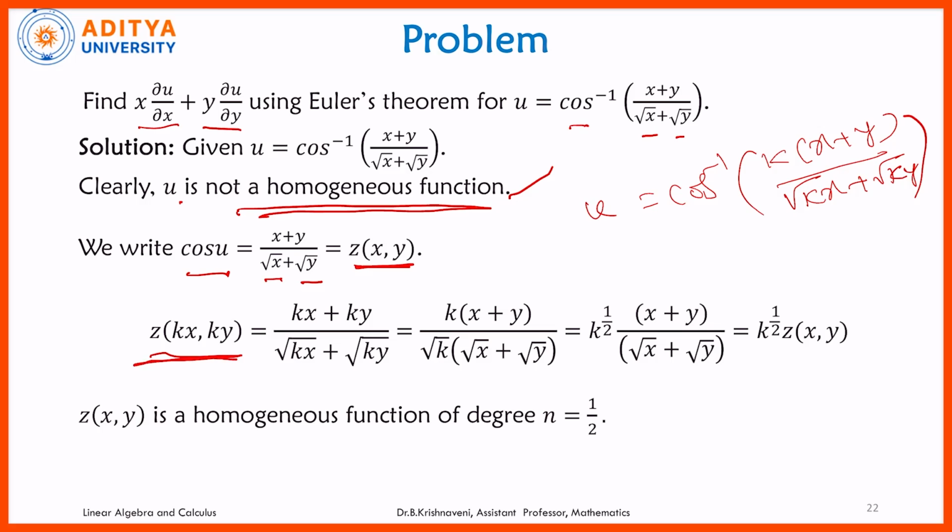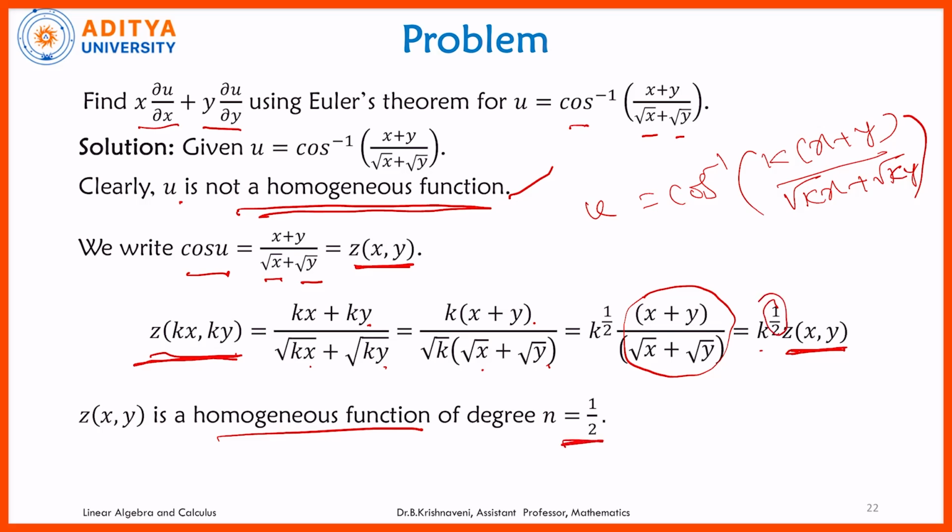That is z of kx comma ky equal to (kx plus ky) by (root kx plus root ky), which is k into (x plus y) by root k into (root x plus root y), which is k^(1/2) into (x plus y) by (root x plus root y). What is this? k^(1/2) into z of x comma y. So, that means z is a homogeneous function of degree n equal to 1/2.